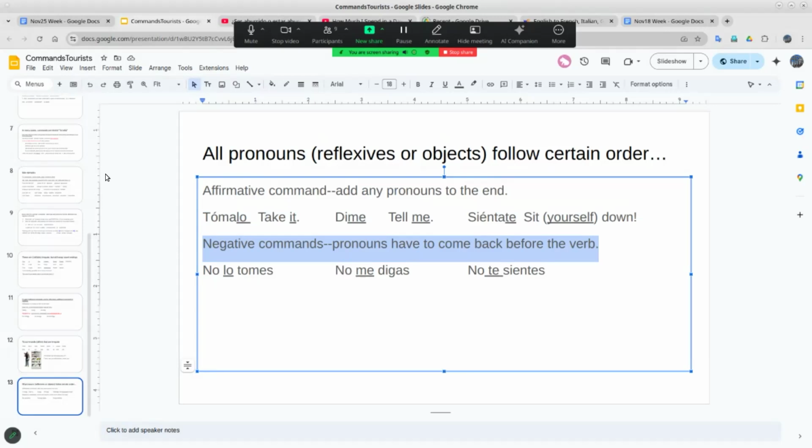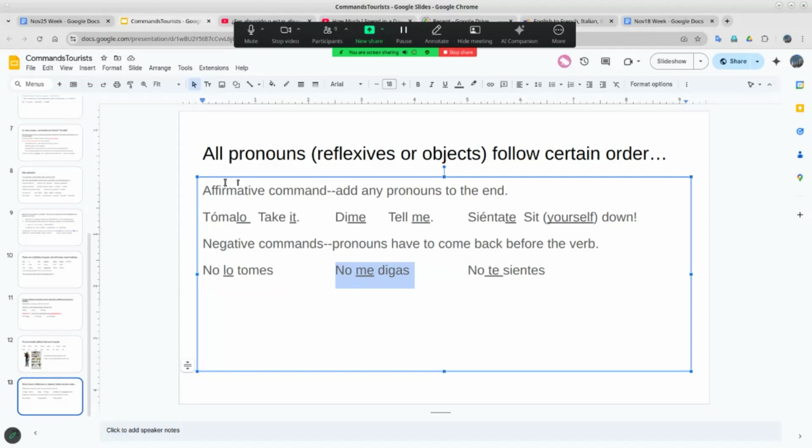The pronoun has to come back in front of the verb like you learned pronouns do, right? So, a negative command, no lo tomes, don't drink it or don't take it or don't eat it, because tomar can mean consuming something or literally just grabbing it so you have it in your hand, right? No lo tomes, sí?